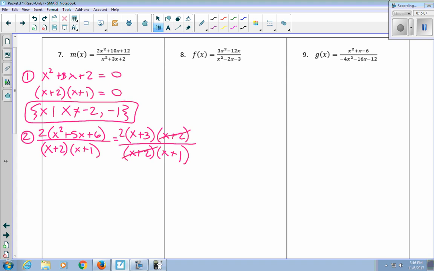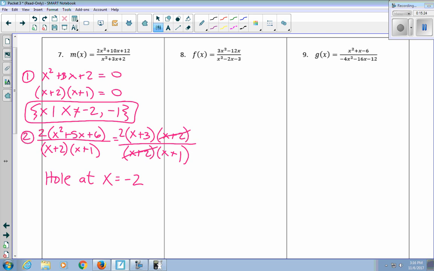The x plus 2's cancel. So I have a factor on the top and the bottom, an x value that would make the numerator and denominator both 0, x equals -2. So I have a hole at x equals -2.